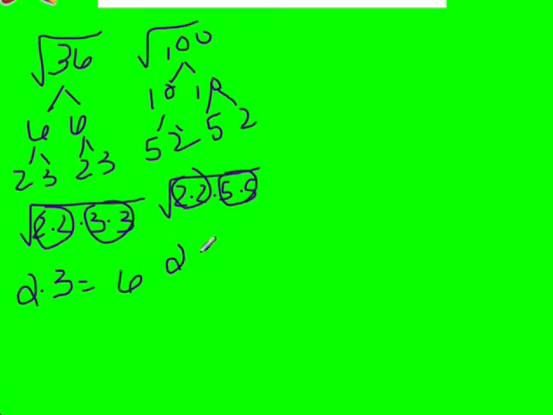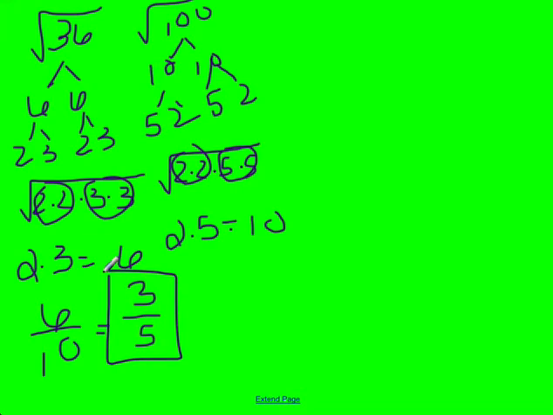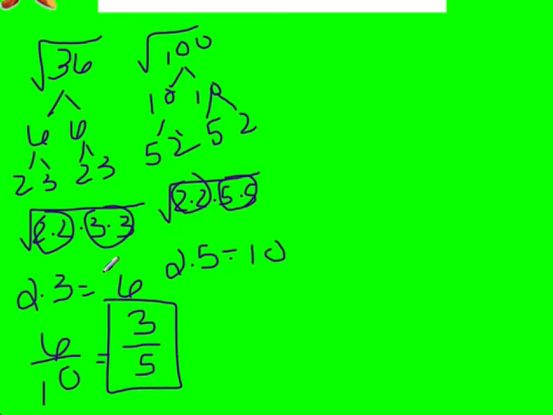So 2 times 5 is 10, because when I took them out of the radical, they weren't pairs anymore. And the radical went away because it all was in pairs. So then I end up having the fraction 6 over 10. But that's not a completely reduced fraction, so we have to reduce that. Both 6 and 10 are divisible by 2, so then I get 3 over 5. So my reduced fraction for that one is 3/5.